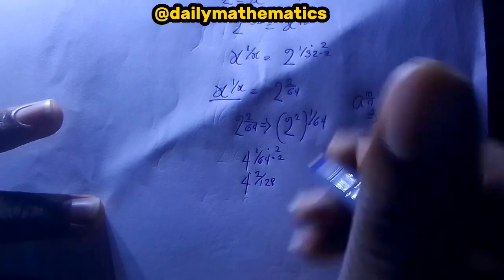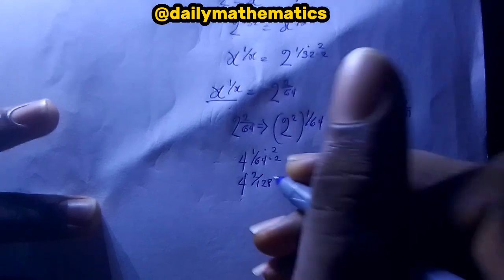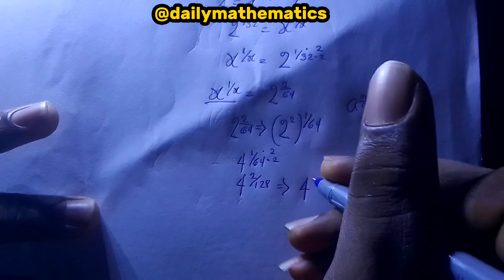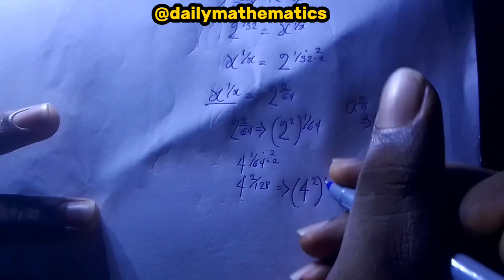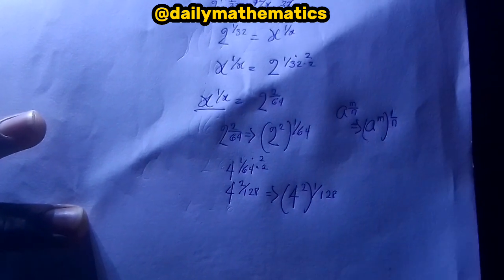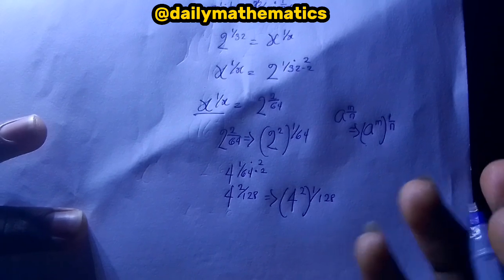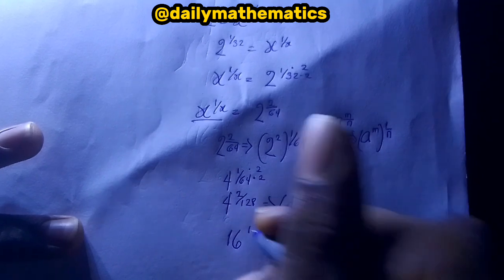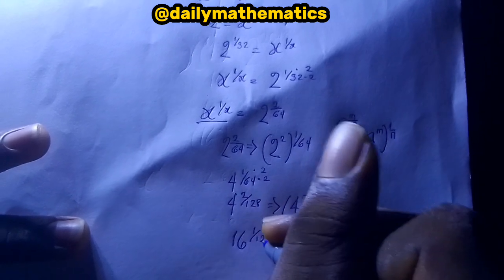From here we can see, just like from this law we brought out here, it becomes 4 squared, in brackets, raised to the power of 1 over 128. And 4 squared we have as 16 raised to the power of 1 over 128.